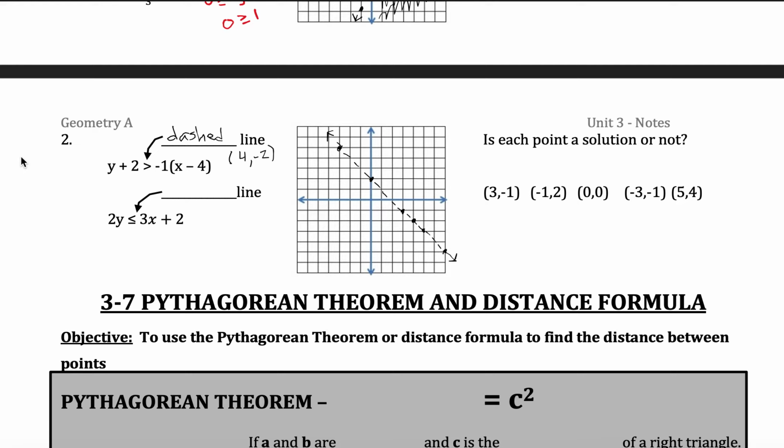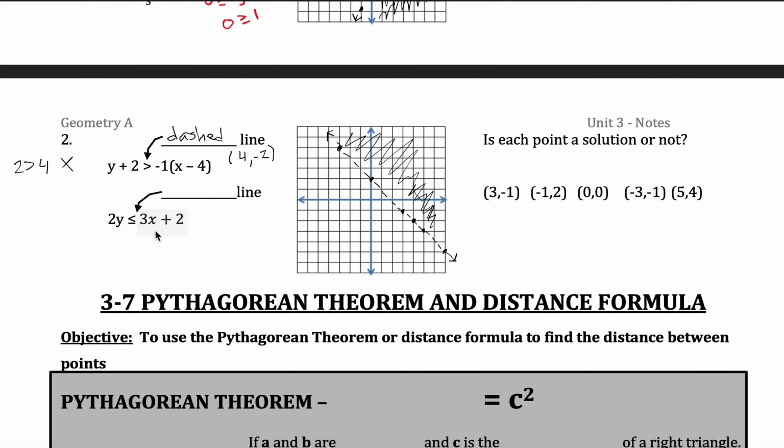So I would have 0 plus 2 gives me 2 is greater than. And then if I plugged in 0 for x, I'd have 0 minus 4 gives me -4. Then times -1 would give me a +4. 2 is not greater than 4. So I am going to shade on the opposite side of 0, 0. So I would shade on the upper side of that line.